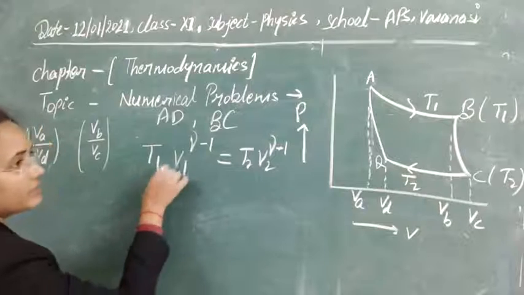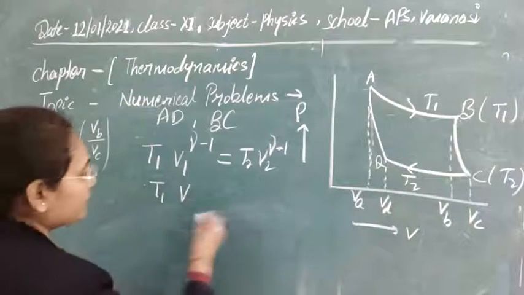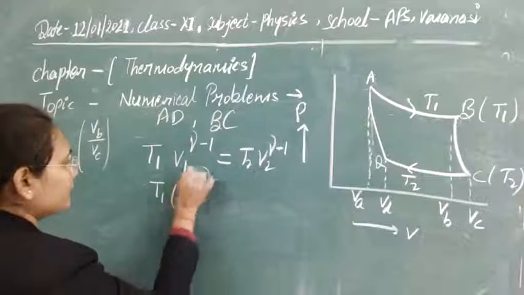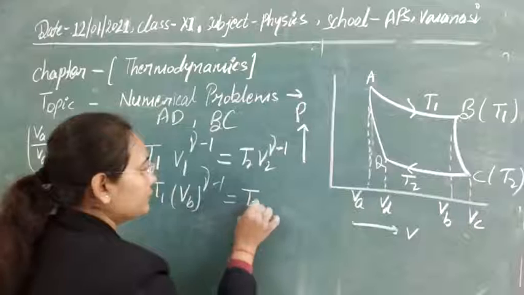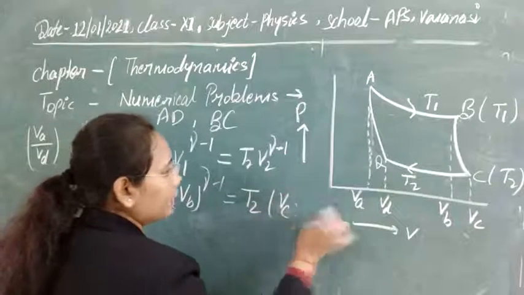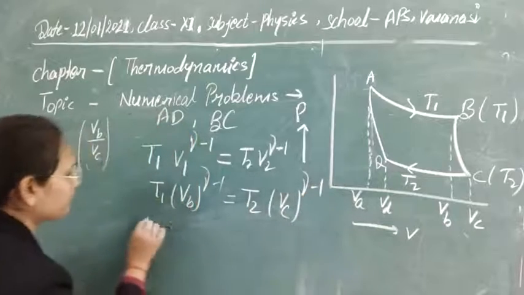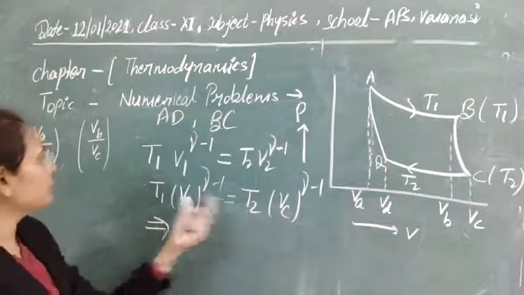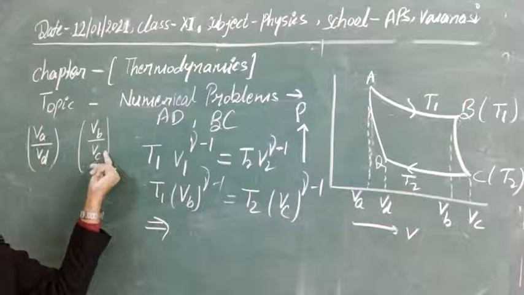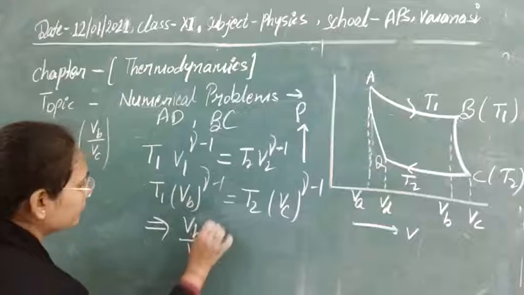Here the temperature is T1, and the volume is VB power gamma minus 1, which is equal to the temperature T2 and the volume VC power gamma minus 1. Finally, from here you can calculate the ratio we need, VB upon VC.